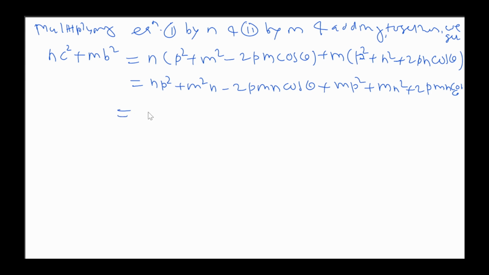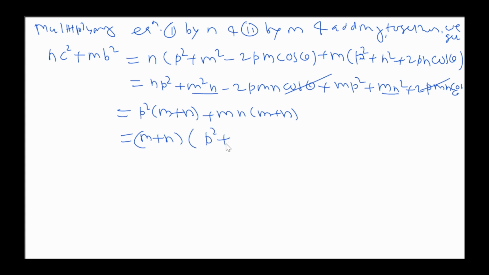Now we will collect the like terms together. Therefore, p square into bracket m plus n, plus from m square n and mn square we get mn as common, mn into bracket m plus n. Now minus 2pmn cos theta and plus 2pmn cos theta get cancelled, which is required. That is equal to m plus n into bracket p square plus mn.